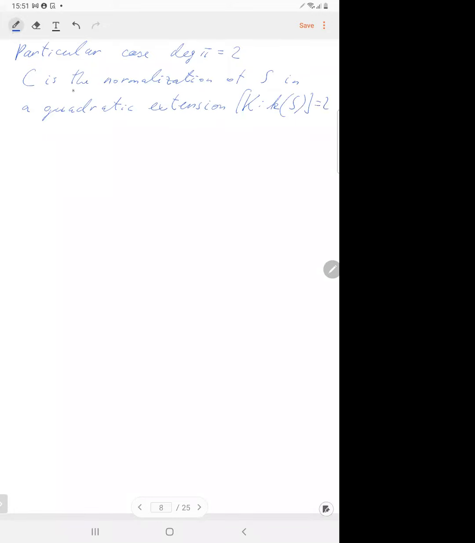Okay, and any such extension is obtained by adjoining a square root of some function f, but it's not quite true.